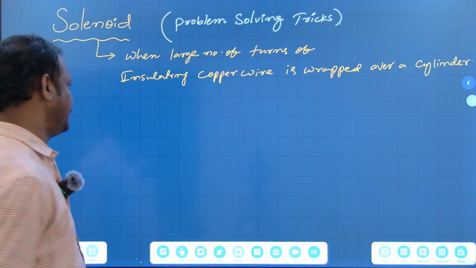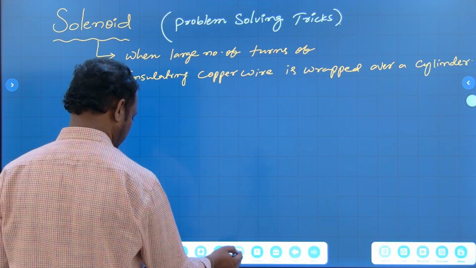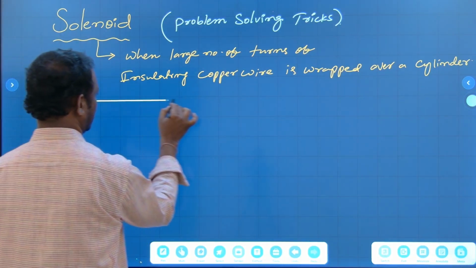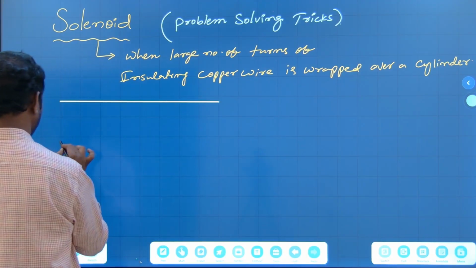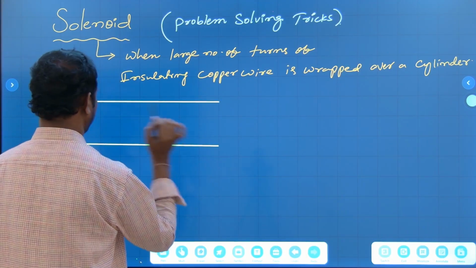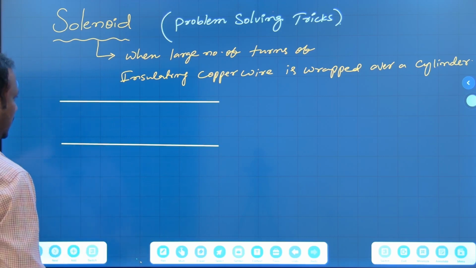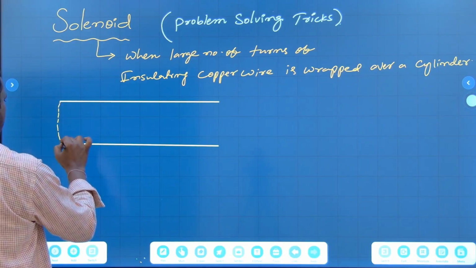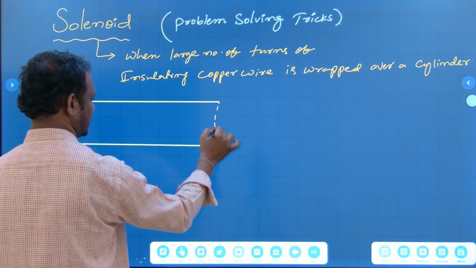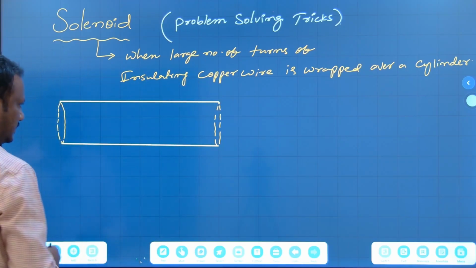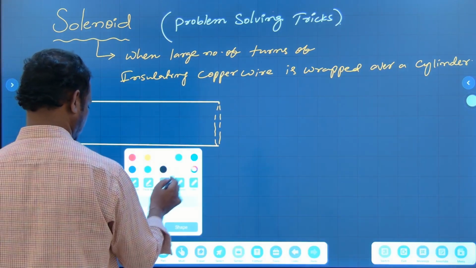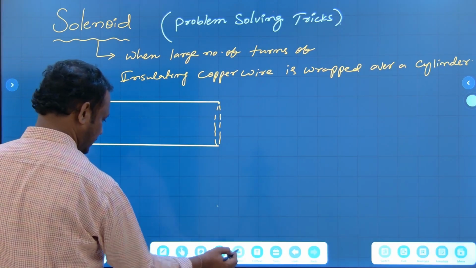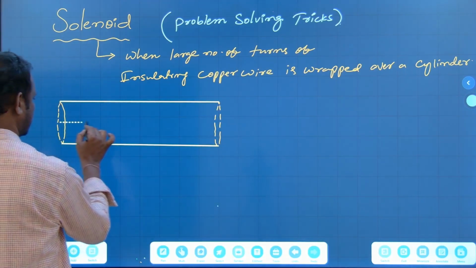If you think about the solenoid, this is the cylinder. Its cross section looks like this. If I choose the axis, this is the axis.